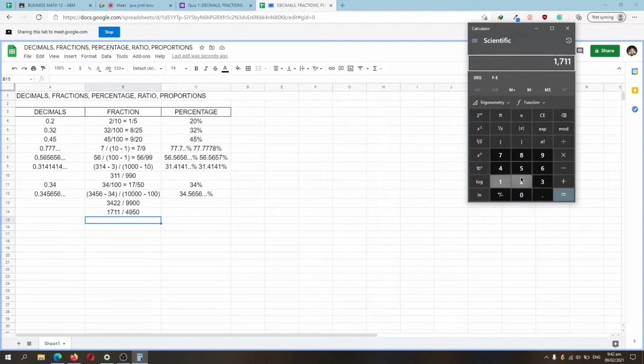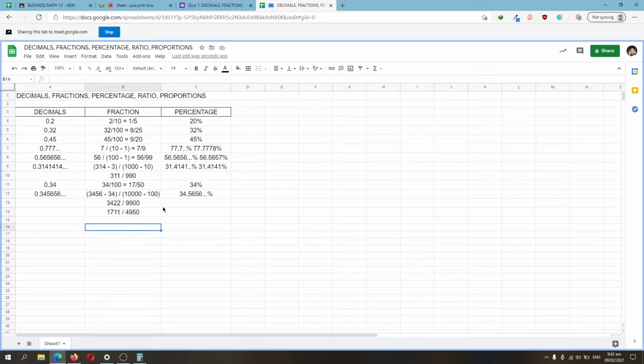So ibig sabihin, hindi na siya divisible into a complete whole number. So that is our final answer. Yan. So ito yung ating mga answer dito.